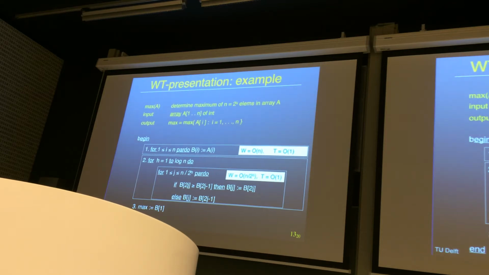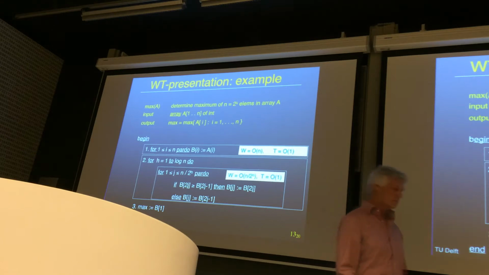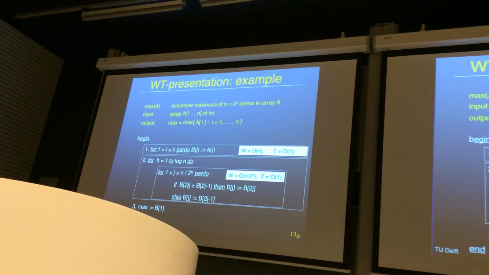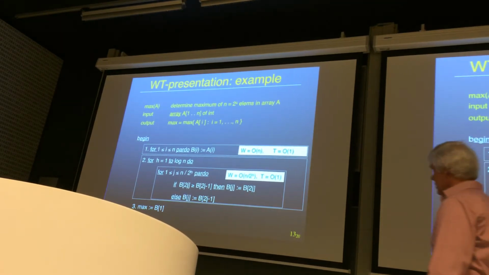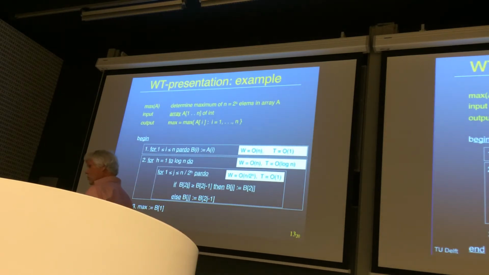Yeah, but that's very convenient for me, because I don't have to bother about these processes. I simply assume that they are enough. Log n. Why? Because the small part is O(1), but it's happening log n times sequentially. Excellent. Yes, indeed. So the time complexity is O(log n), and the work complexity is O(n).